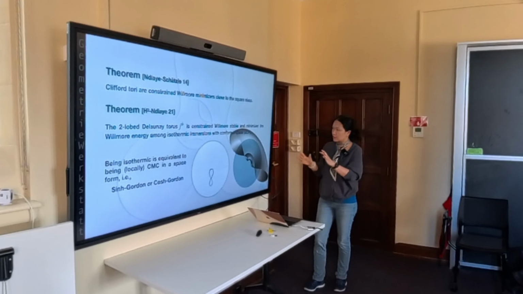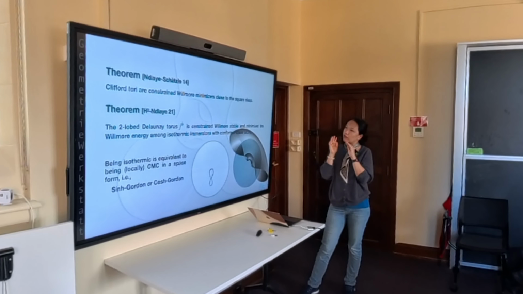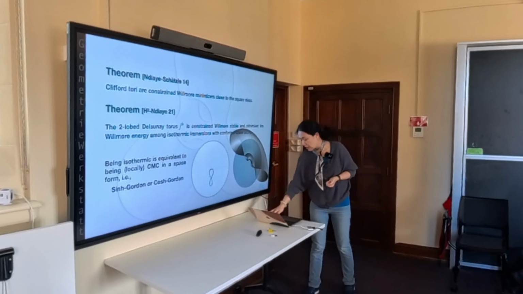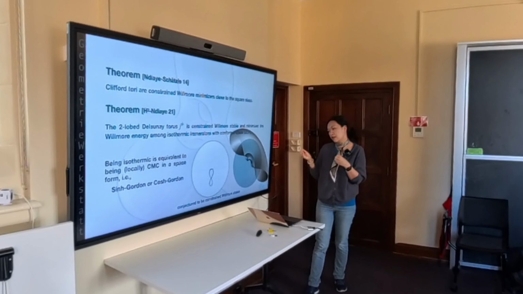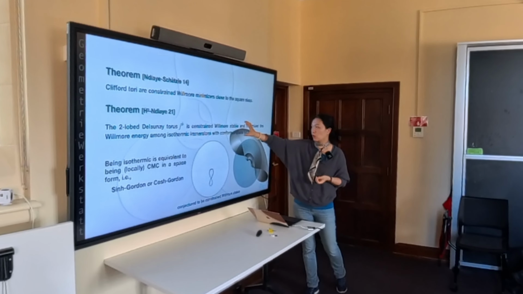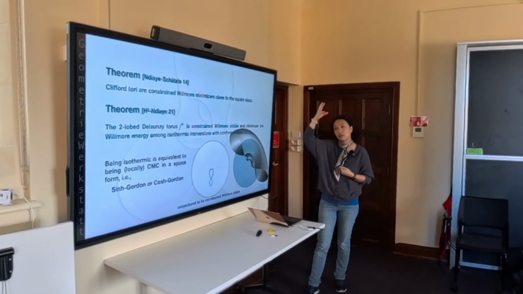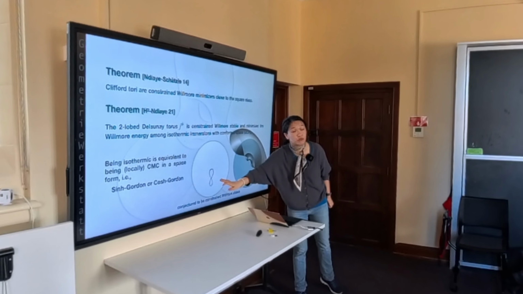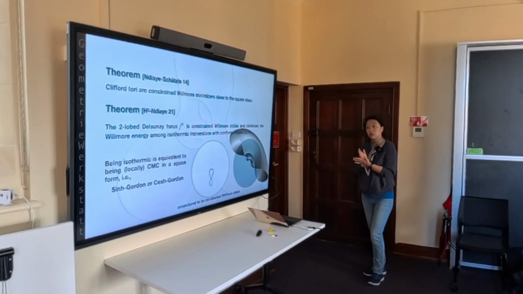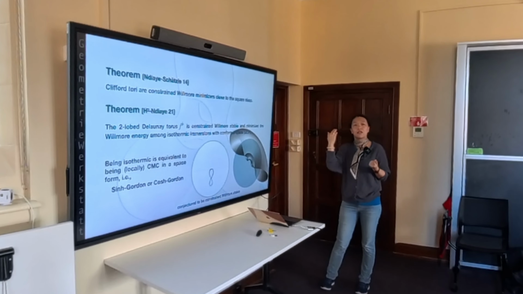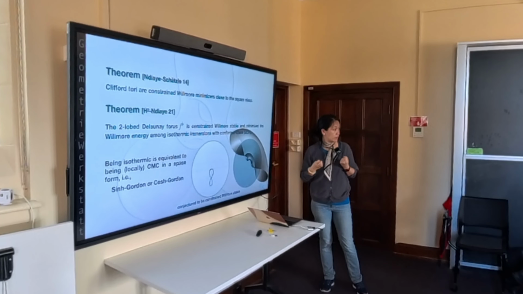Okay, so these are somehow in a very different connected component of your moduli space. And since right now, basically, the only stable constrained Willmore immersions are these two lobes, the figure 8s are actually considered, conjectured at least, to be constrained Willmore stable in this other connected component. Okay?